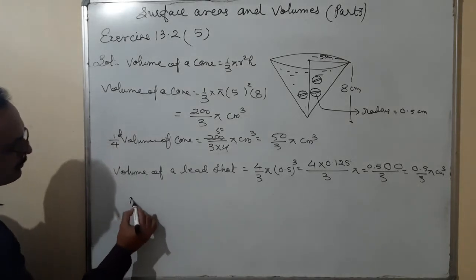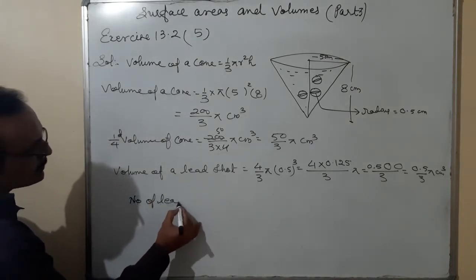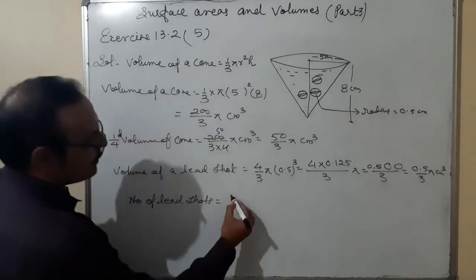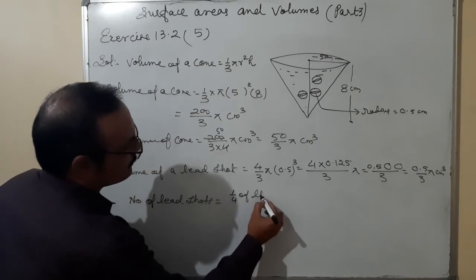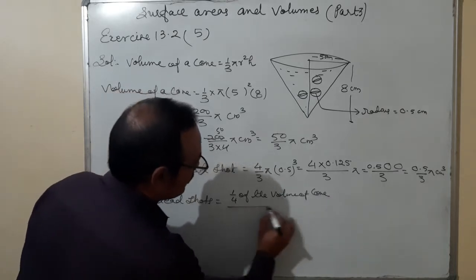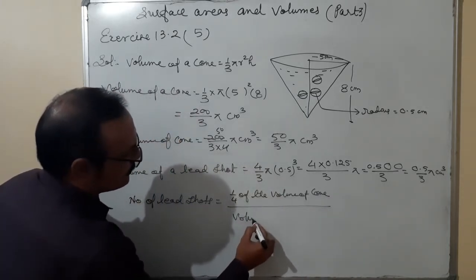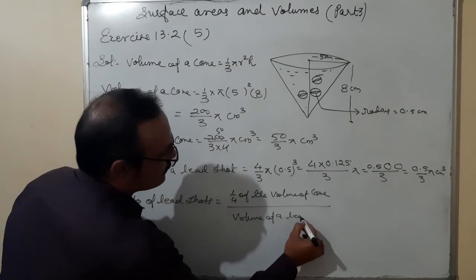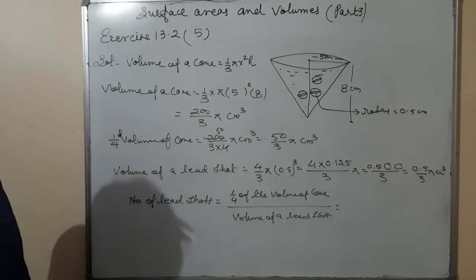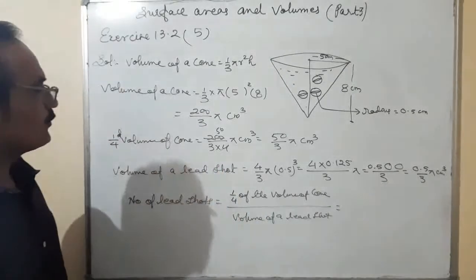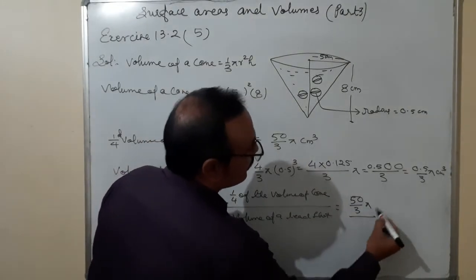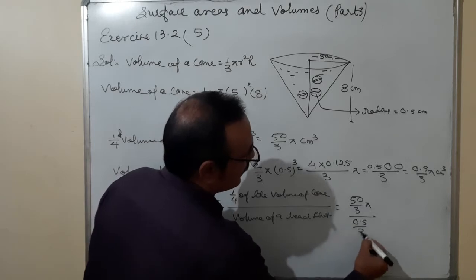After that, the number of lead shots is equal to 1/4 of the volume of the cone upon the volume of a lead shot. 1/4 of the volume of the cone, or the volume of water that flows out, is 50/3 pi upon 0.5/3 pi.